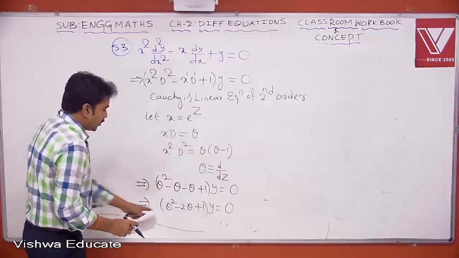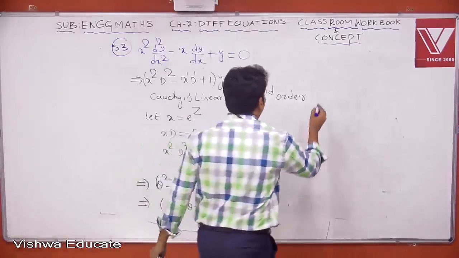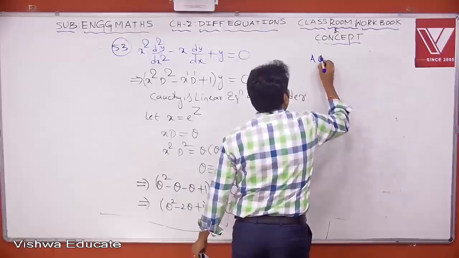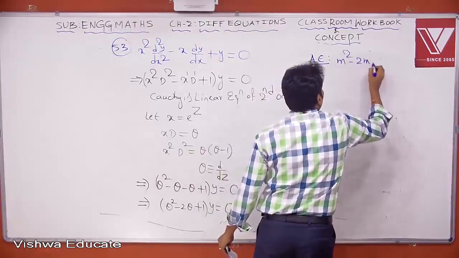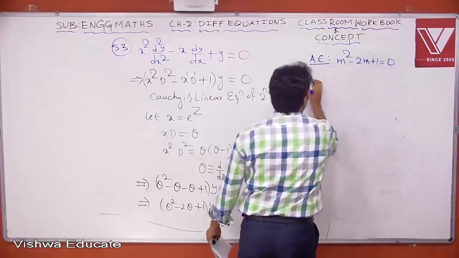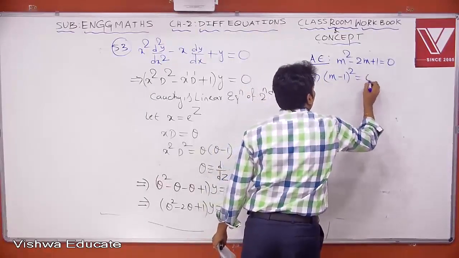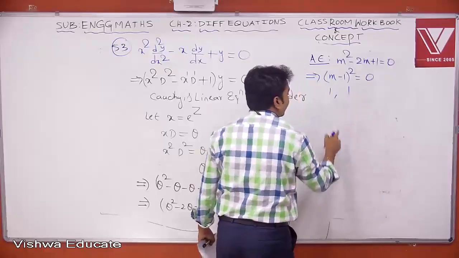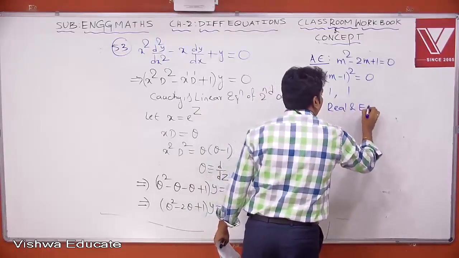So this is an equation with constant coefficients. Therefore the auxiliary equation is m square minus 2m plus 1 equal to 0. So this implies m minus 1 whole square equal to 0. So the roots are 1, 1, real and equal.